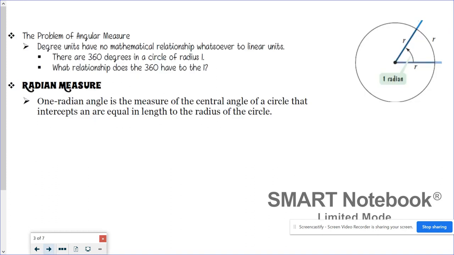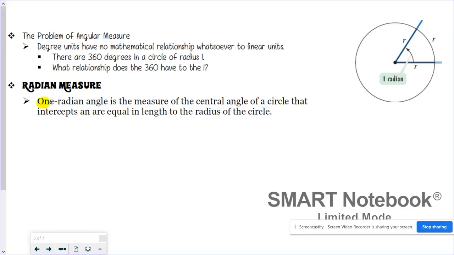That's the problem with angular measurements. We all know there are 360 degrees in a circle, but what relationship do those degrees have to the radius? They don't have a relationship. The radian allows us to give it that relationship.